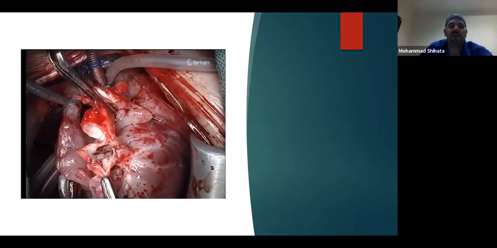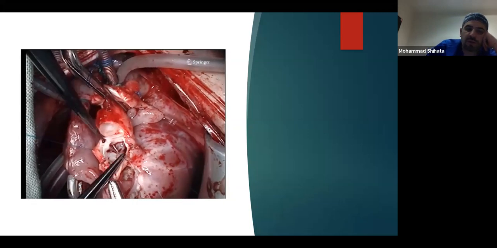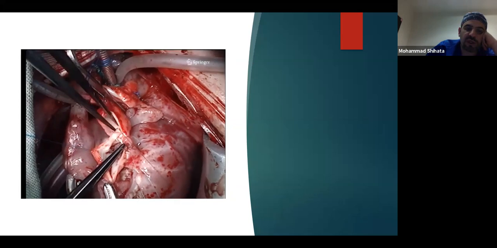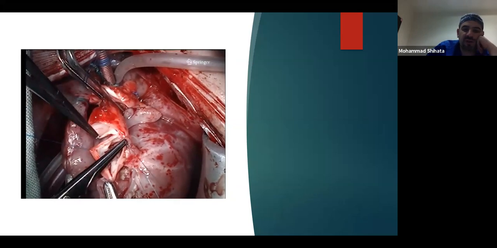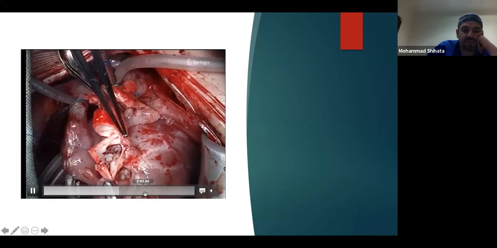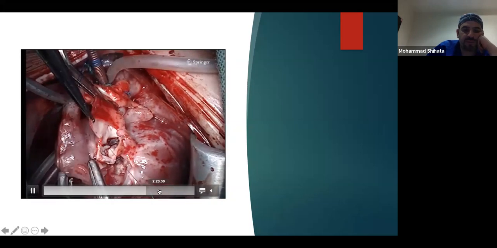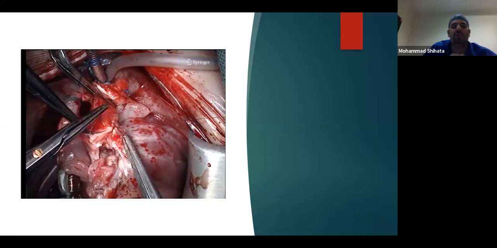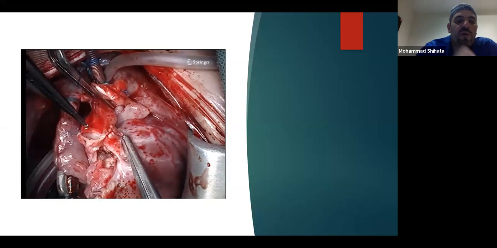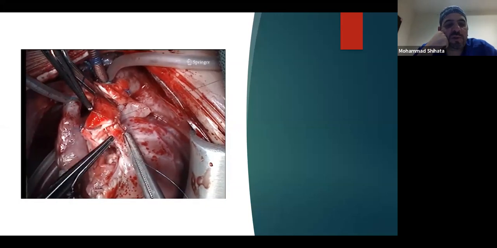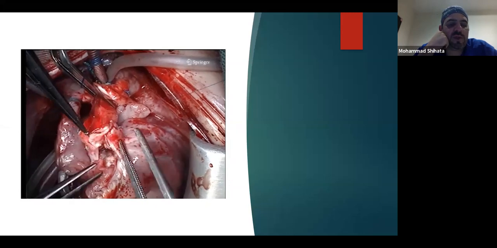And now re-anastomosing the neo-aortic root with the ascending aorta posteriorly. While you're completing that, you have to pay attention to the coronaries and how much distortion or lack of distortion there is.